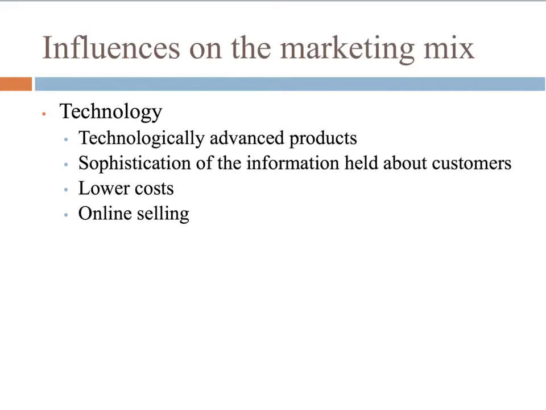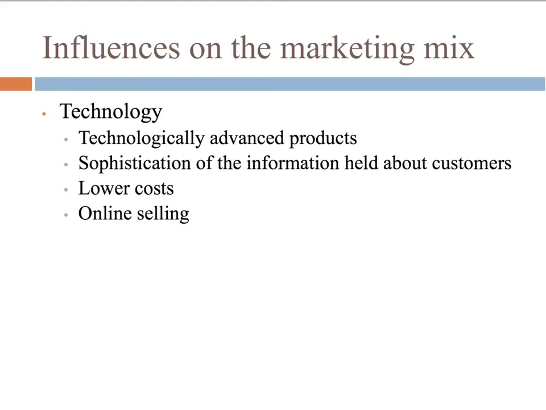And what about how technology can influence the marketing mix? Well, let's look at if we sell technologically advanced products. So in most cases, if a product is technologically advanced, it's probably going to be more popular with customers. There is an obvious connection between advanced technology and the price that is set.